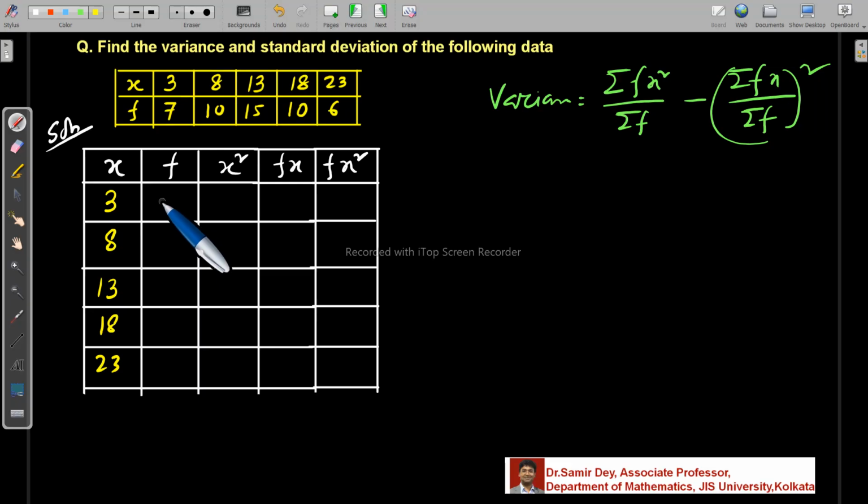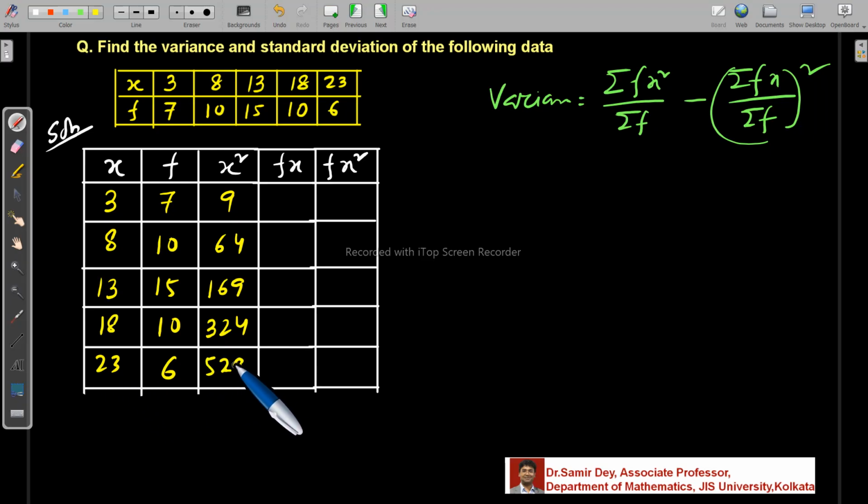The f values are 7, 10, 15, 10 and 6. Okay, now x square, that is 9, 64, 13 square 169, 18 square 324, 23 square 529.